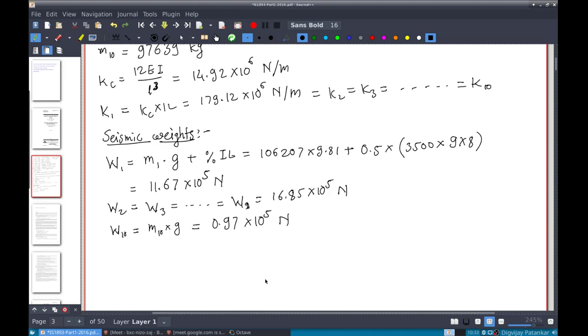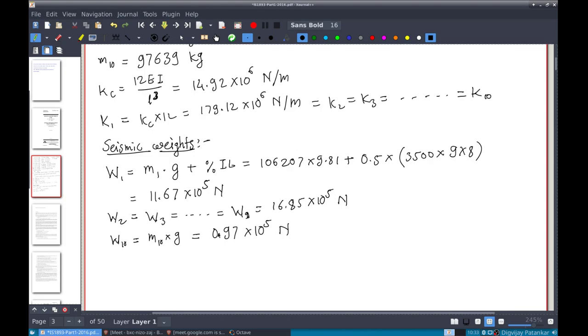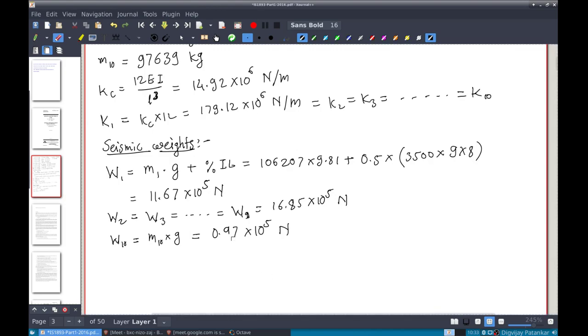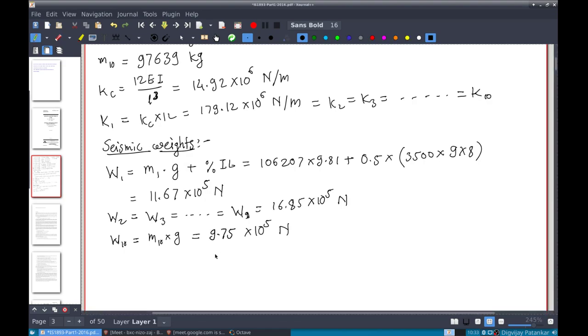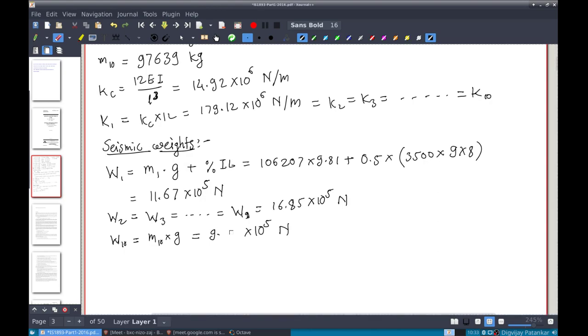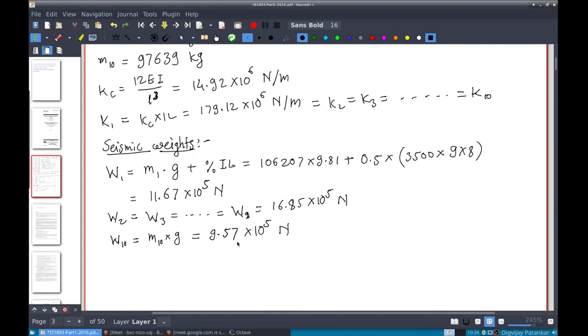Anyway, now sir, 9.57 into 10 to the power, I think that is reasonable. It is much smaller than that. 9.75, isn't it? No, sir, 9.57. 9.58. Okay, 9.57 into 10 to the power 5 Newton. So that seems to be the correct value.